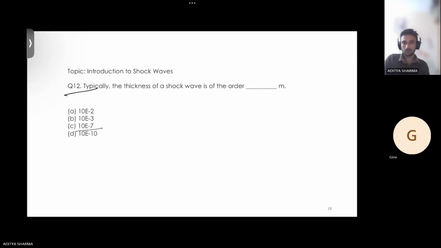So you can imagine and wonder how thin a shock wave is. It's to the power of 7. You both are correct, option C is correct.